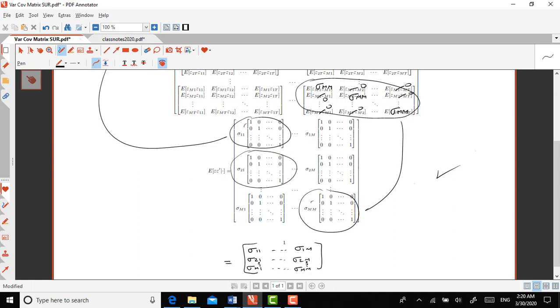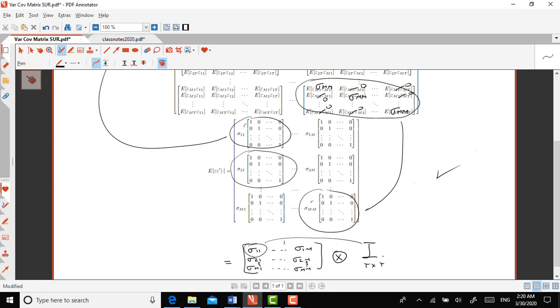Okay, and this should be the Kronecker product with an identity matrix that is T by T. What the Kronecker product does is multiply each of these coefficients times the identity matrix.